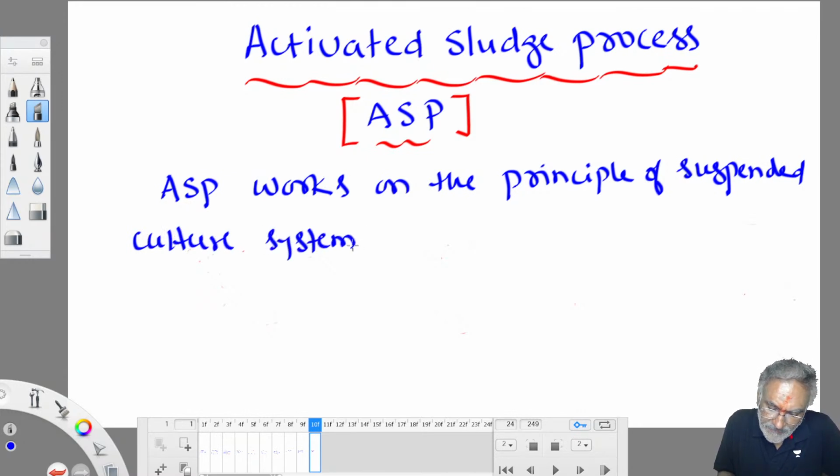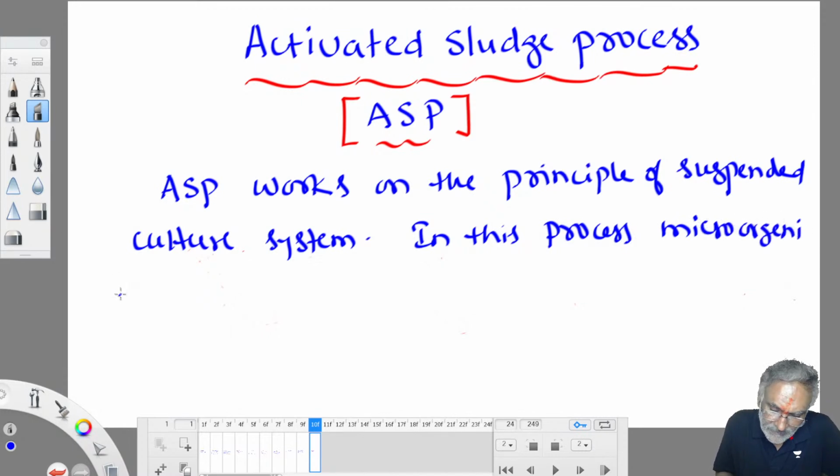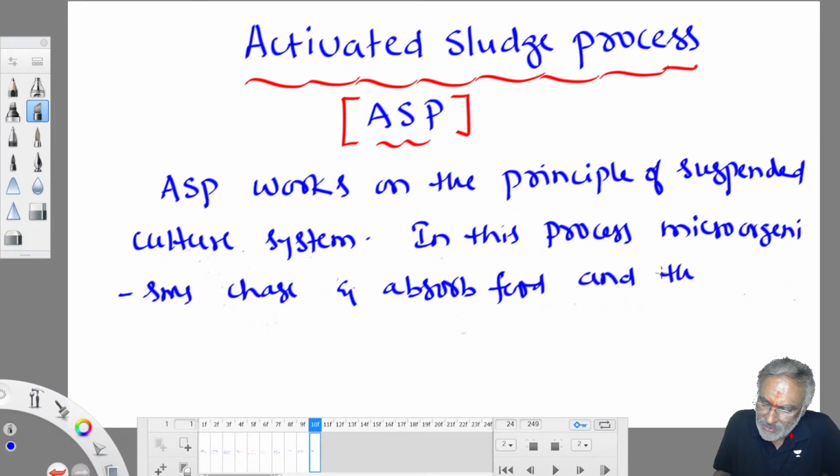That is, in this process, microorganisms chase and absorb food, and their growth also occurs in suspension.